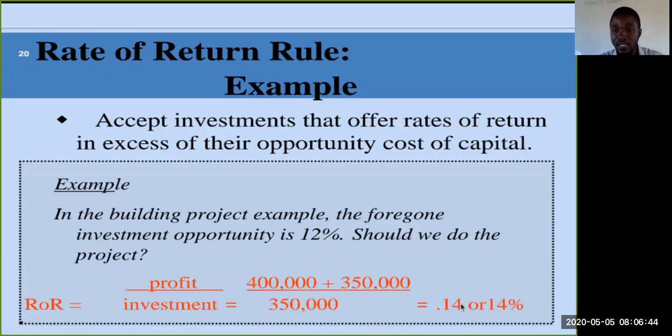Converting it into percentage terms, we get 14%. And we see that 14% is greater than 12%. Hence, we conclude that our rate of return is greater than the opportunity cost, and thus we should go ahead with the project because it is worth undertaking.